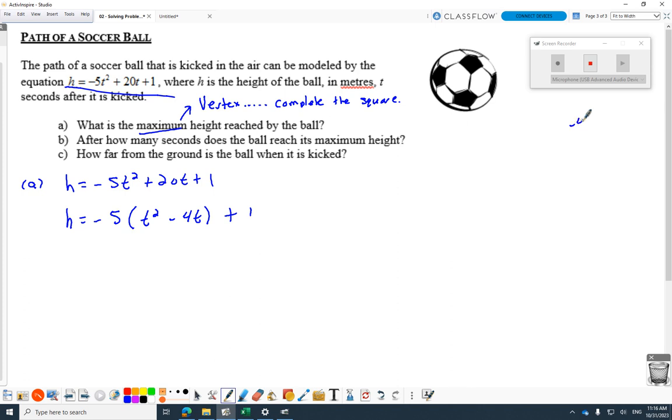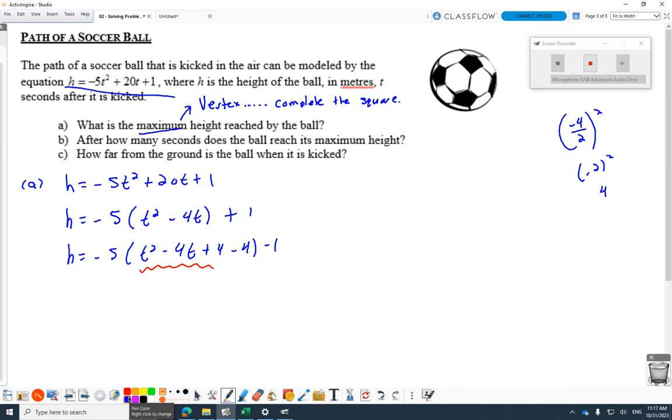This time it's -4 divided by 2 squared. See, same every time. This thinking's the same every time. What's the magic number? Take the new b, divide it by 2, and square it. Add that 4 and subtract that 4. Now, if you've chosen the right number, that little trinomial there will factor as a square.